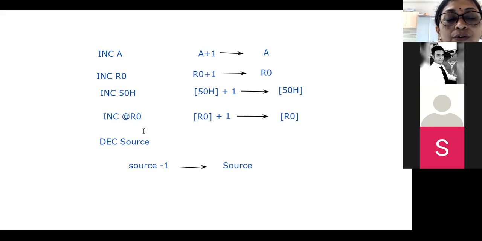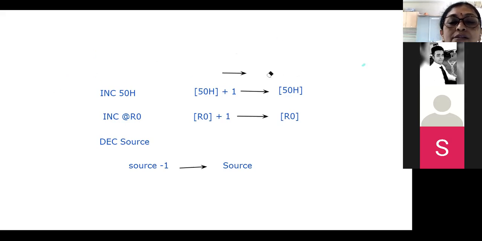Okay. So it is like this. In a similar way, this decrement instruction works, and decrement means the contents of the data minus 1 will be the result of executing the instruction. Okay. So now let us move to the next instruction.